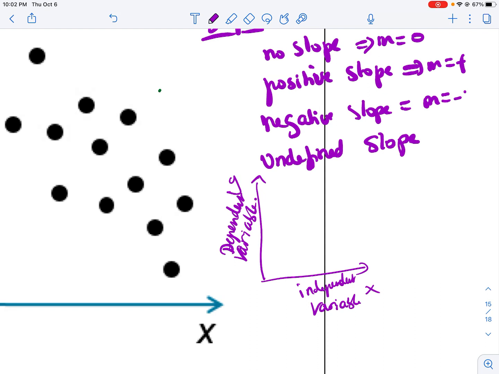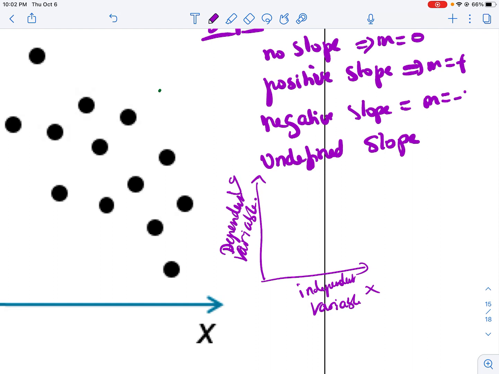Imagine I'm talking about the amount of snowfall as time passes during a winter storm.